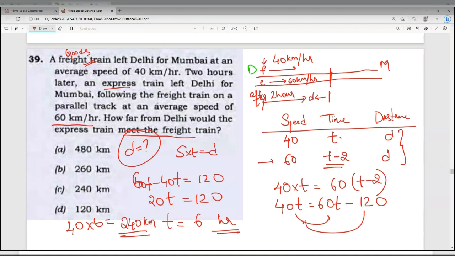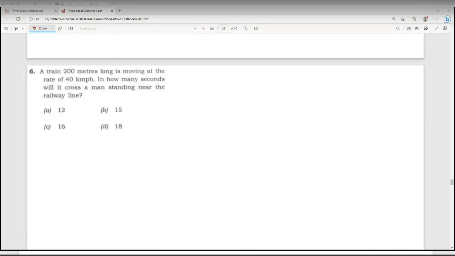So the express train would meet the freight train after traveling 240 kilometers from Delhi. So the answer is C. I hope you have got this. If you still have any doubt, you can ask. Please raise your hand and ask us.